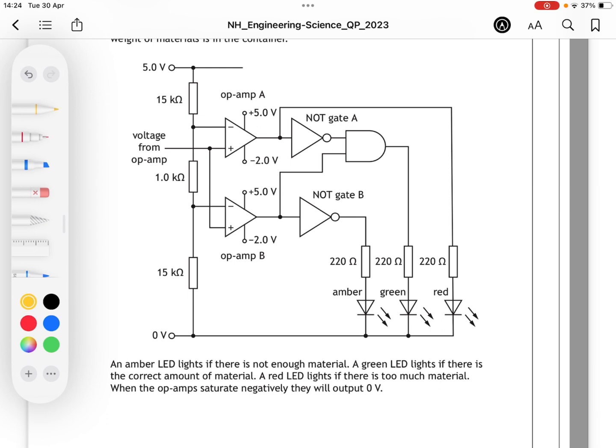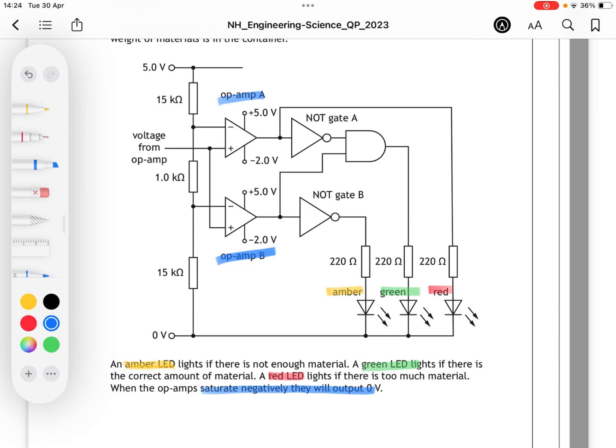So hopefully straight away you can see we've got the amber LED here, and our green LED is here, and our red LED is here. Told that the op-amps are going to saturate negatively to output 0 volts. And so we've got op-amp A and op-amp B, where if they saturate negatively, they're going to output 0.